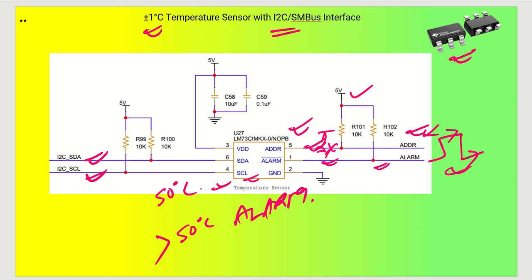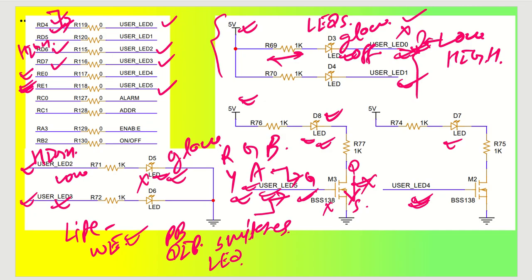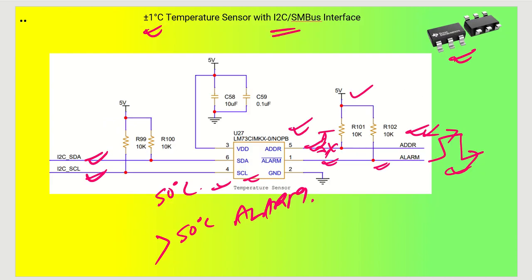As I told you just now, let me go back and tell you, this is my alarm pin which is going to RC0, and this is my address pin which is going to RC1. Got it? So the complete design available here has been mapped accurately to the microcontroller pins, and you can directly take this particular schematic and keep your implementation ready. So this is the temperature sensor with alarm indication through I2C as well as SMBus interface techniques.